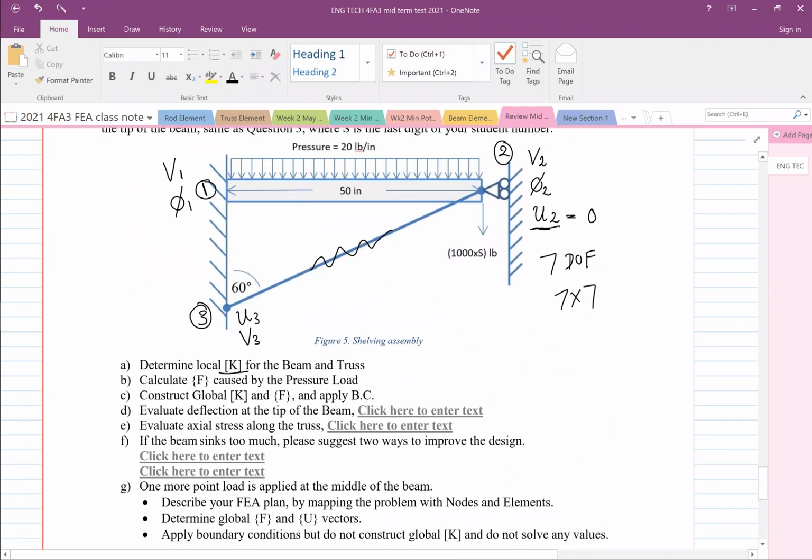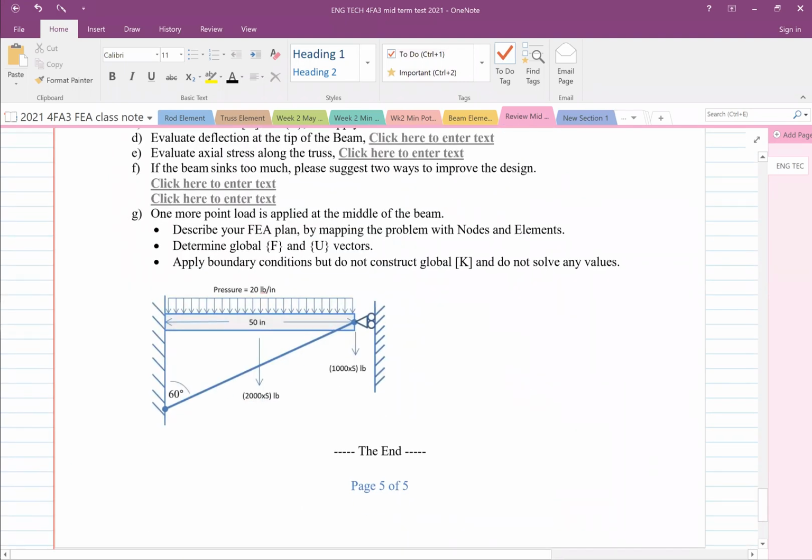Okay, for the truss element, I need an information table.